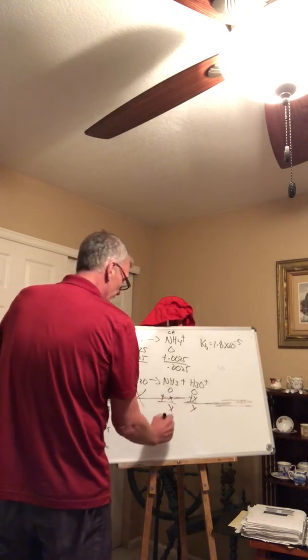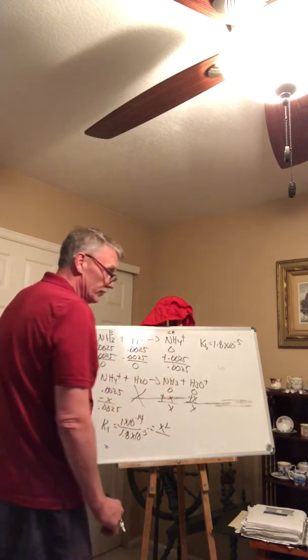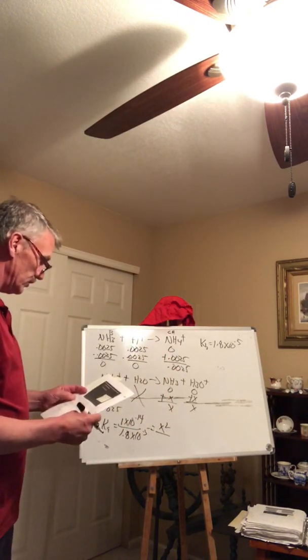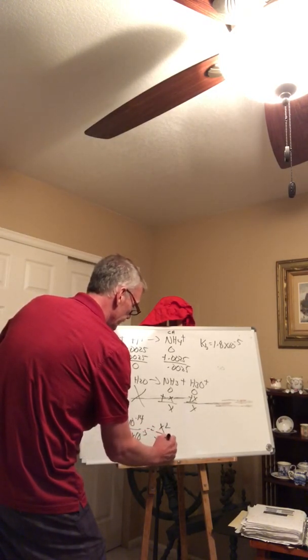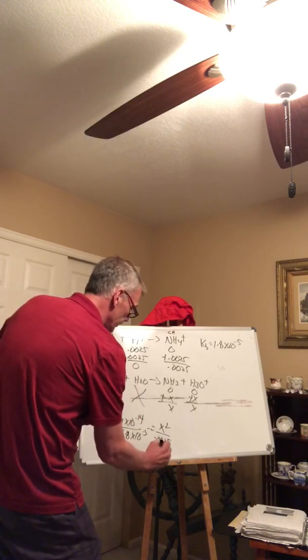Then I'm going to have x times x, or x squared. And again, I've got to remember the volume. So in this case, it's going to be 0.0025 moles, again ignoring that x, over 0.050.